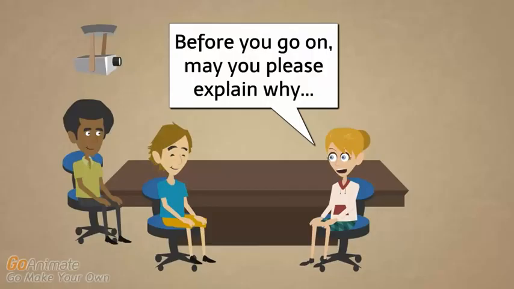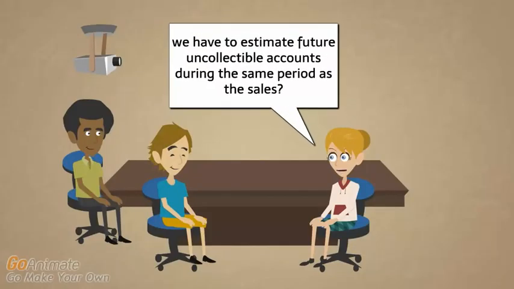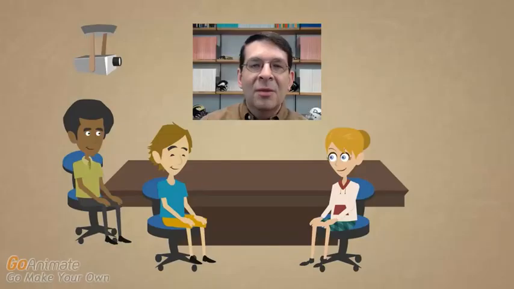Before you go on, may you please explain why we have to estimate future uncollectible accounts during the same period as the sales? The best way to think about this is the matching principle. A cost of doing business this period, a cost of generating revenue, is that some of the sales that we made in shipping goods to our customers, those customers will not pay us.